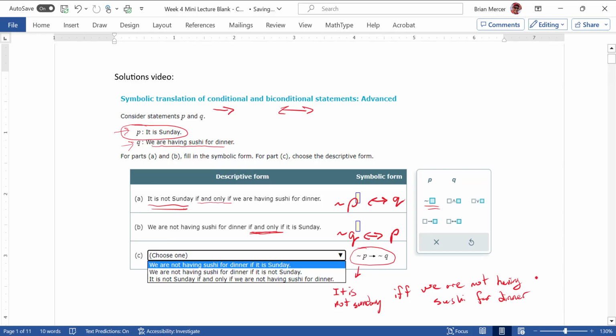And notice that's exactly what that third option in the drop-down says. It is not Sunday if and only if we're not having sushi for dinner.